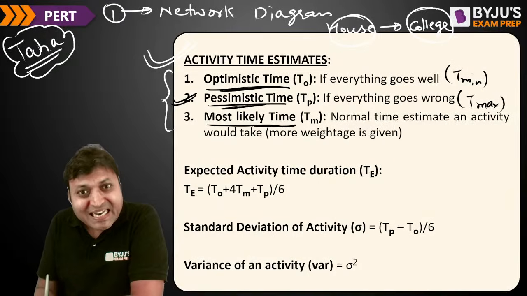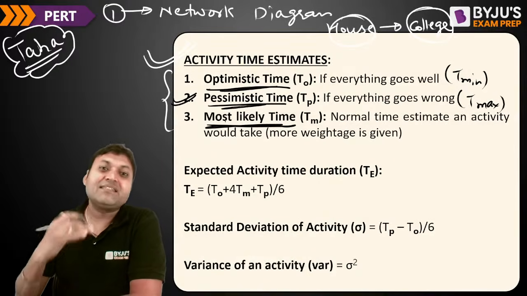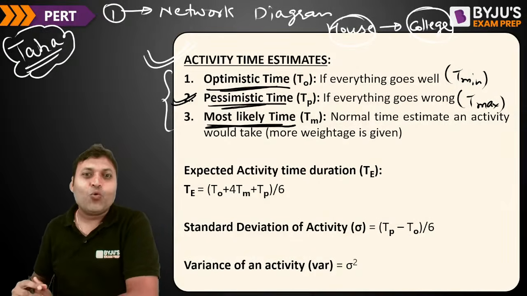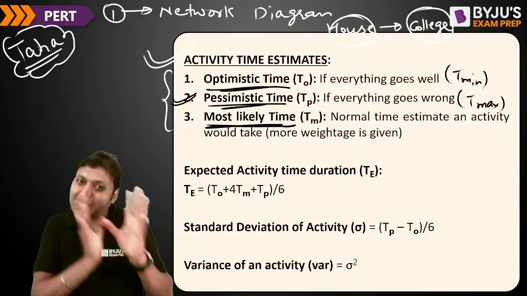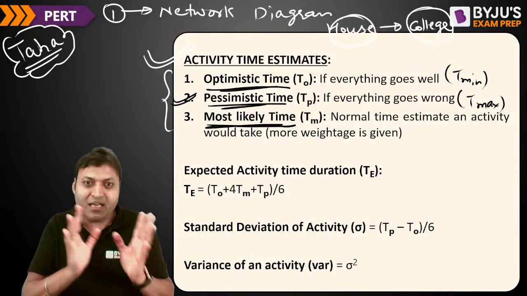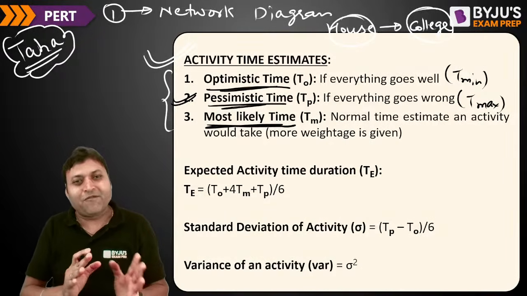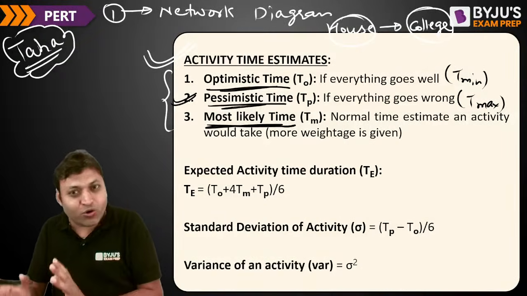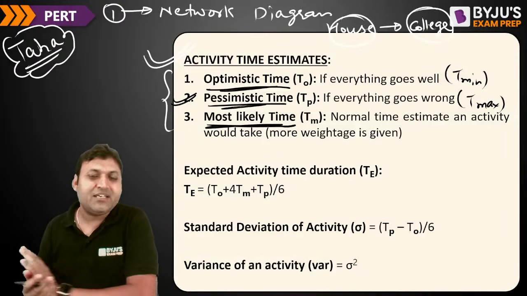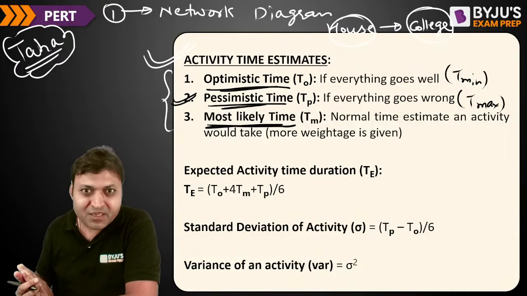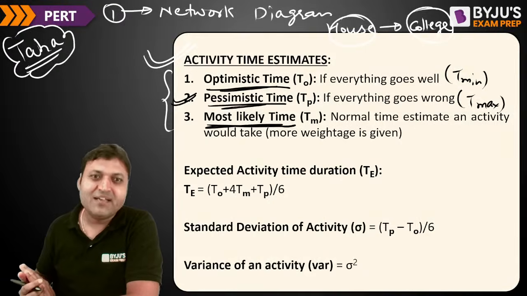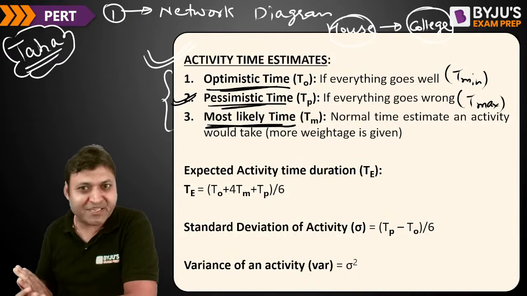And most likely time is the time taken by an activity when it is facing only a few hurdles, the normal routine. If your luck is very good, then you will reach your destination in optimistic time, and if your luck is very bad, then you will reach in pessimistic time.